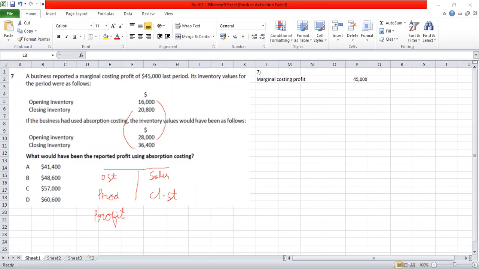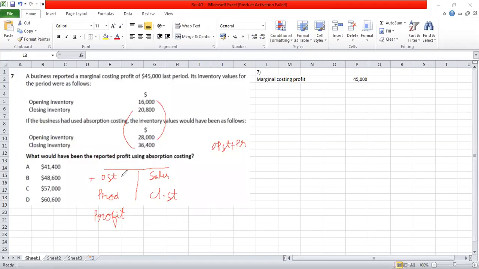The marginal costing profit was arrived at with opening stock plus production on one side. So profit is equal to sales plus closing stock minus the opening stock minus the production cost. Writing is much easier.